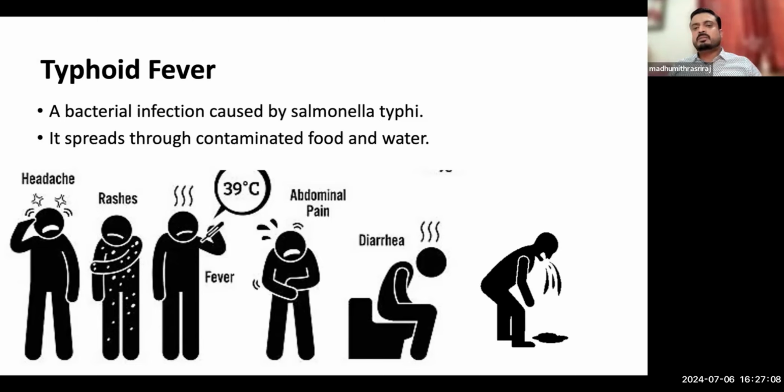The common symptoms of typhoid are abdominal pain and severe fever which is not responding to conventional therapy. They can present with vomiting, diarrhea. They can also present with severe headaches. These are common symptoms between many infections. So high grade fever spike, headaches, rashes, all are symptoms of typhoid.